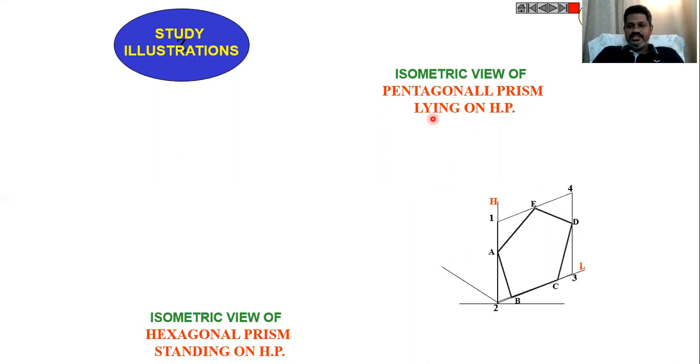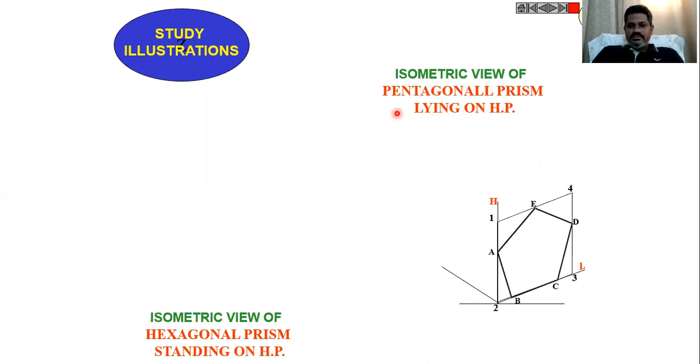In the case of prisms, as we discussed in previous sessions, while drawing the projections of solids, I told you that if it is a prism, the base shape and the top shape are the same. That means we have a uniform cross section in which the shape is the same.